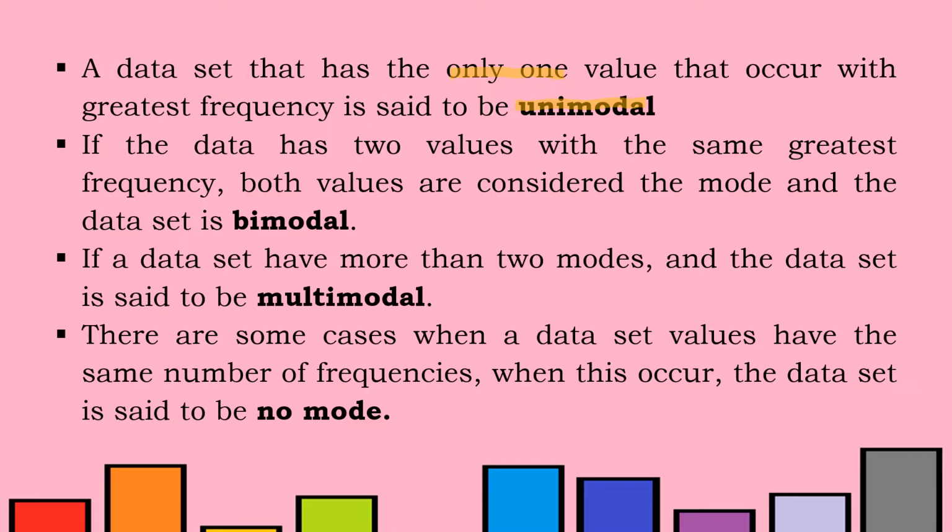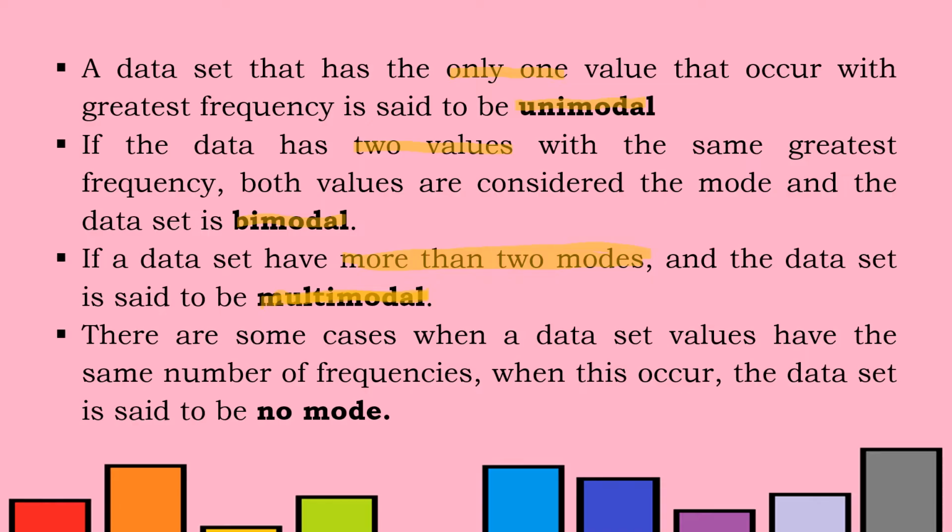Bimodal, if there are two modes in a given set of data. Multimodal, if there are more than two modes. So if there are three, four, five modes, we call it multimodal.